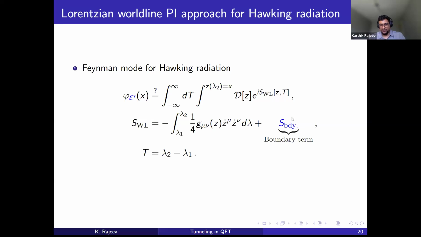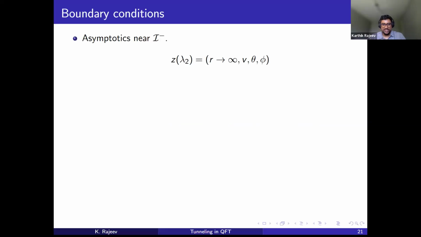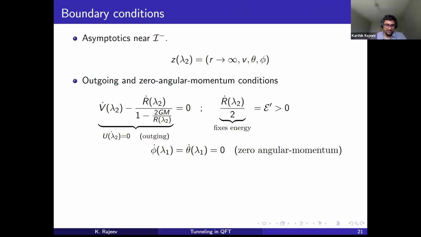But now we need to be careful about what the boundary term or the boundary condition is that imposes the fact that this has prescribed energy E prime. So instead of just presenting the boundary term as such, we just inspect what the boundary condition is to be.